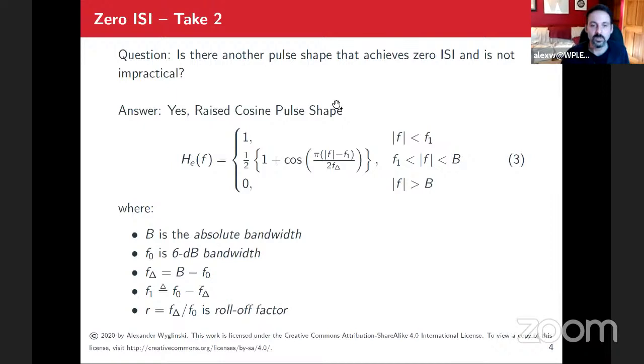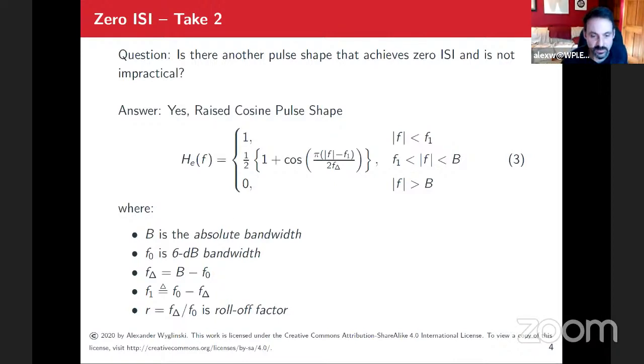So what the raised cosine pulse looks like, the way it's defined here in the frequency domain, looks like this. Your H equivalent of f is going to have a flat portion up to f1. There's going to be this transition area, transition band, and that's going to have the shape of half a cosine. And then outside of the transition, 0, right?